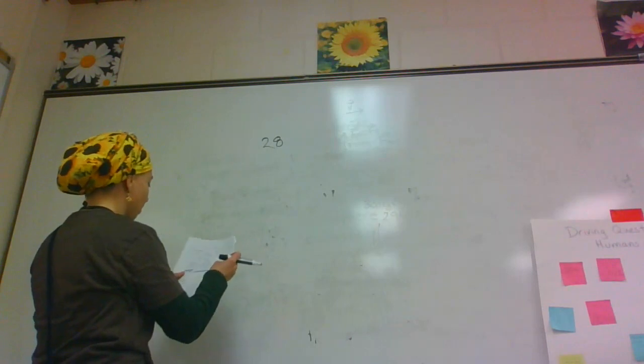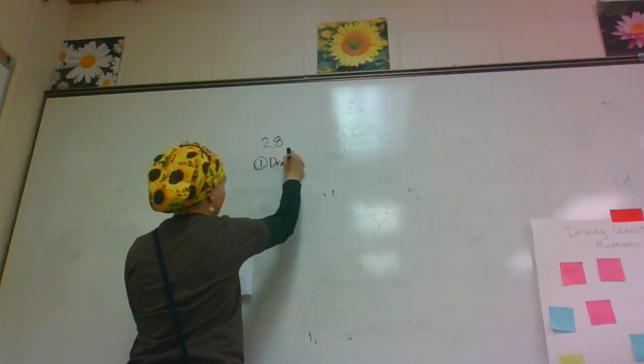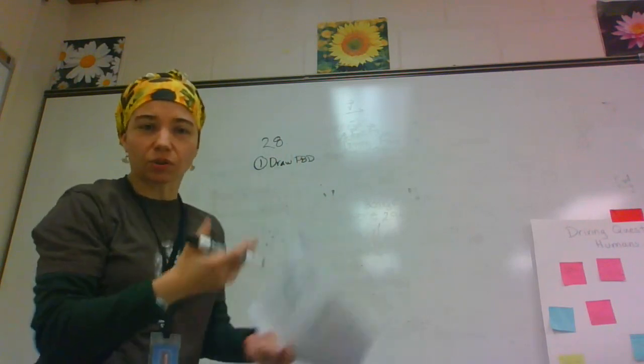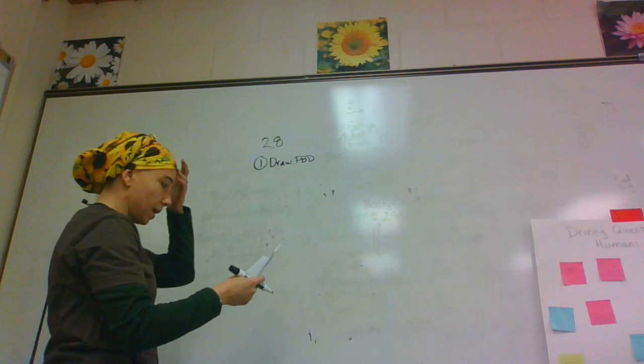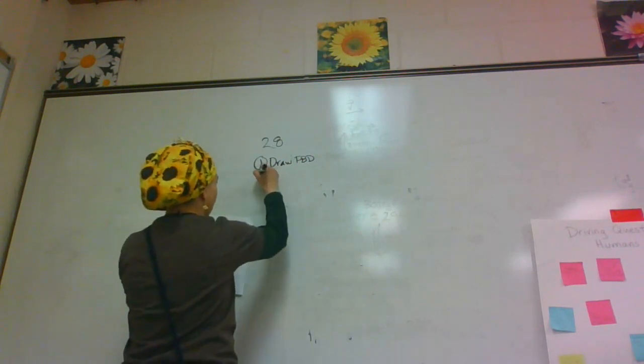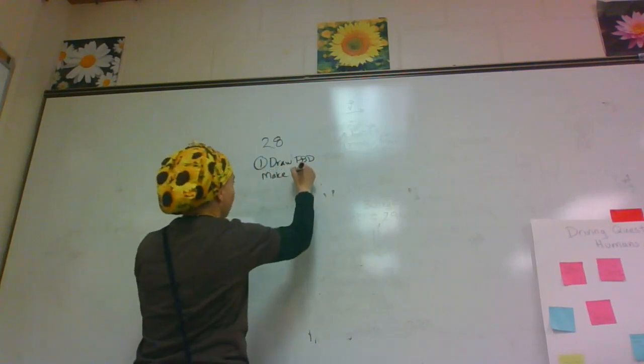So for this problem, I'm going to start out by, first step, drawing the free body diagram. And I also noticed that there was some motion information in there. So it gave me an initial and final velocity. So I'm going to record a list of variables that I have information about.